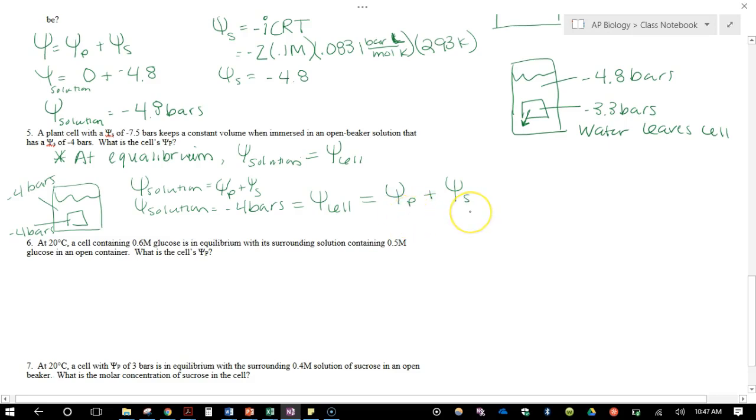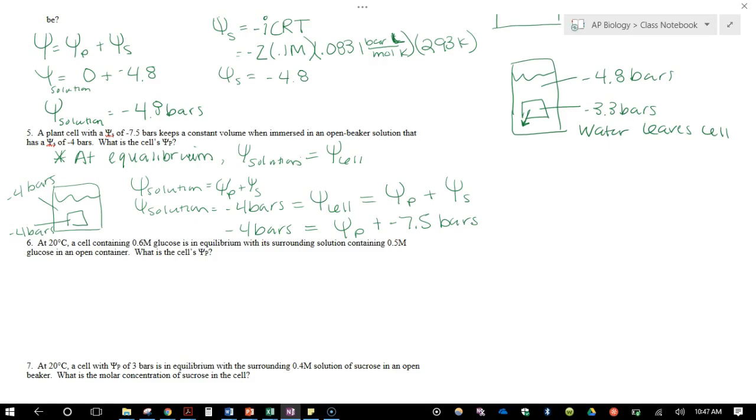I know what my solute potential is. I do not know what my pressure potential is. So negative 7.5 bars for the solute potential, and this is going to help me figure out my pressure.